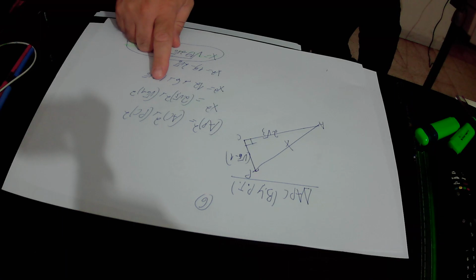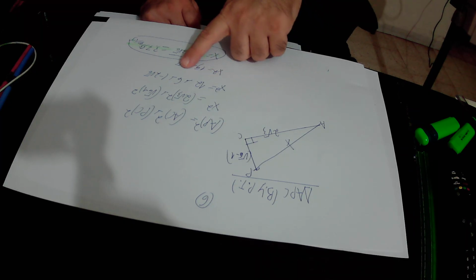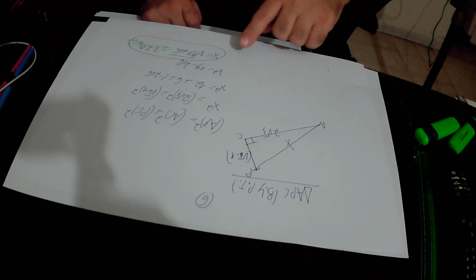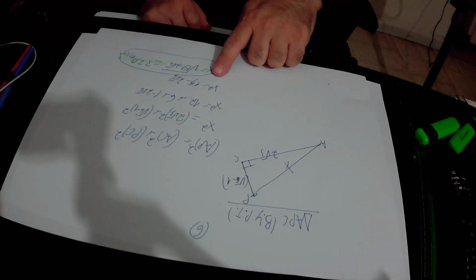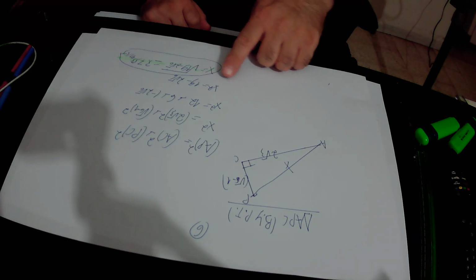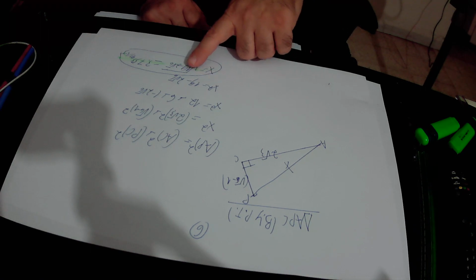So a squared is 6, plus b squared is 1, minus 2 times square root of 6 times 1. So x squared equals 12 plus 6 plus 1 minus 2 times square root of 6. 12 plus 6 is 18, and 18 plus 1 is 19. So x squared equals 19 minus 2 times square root of 6.